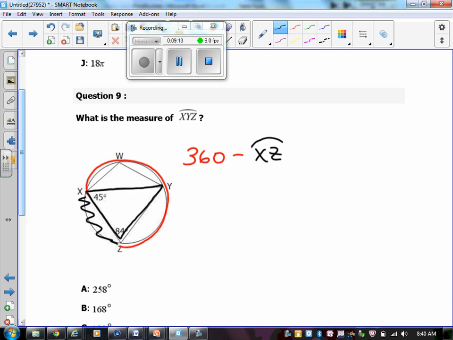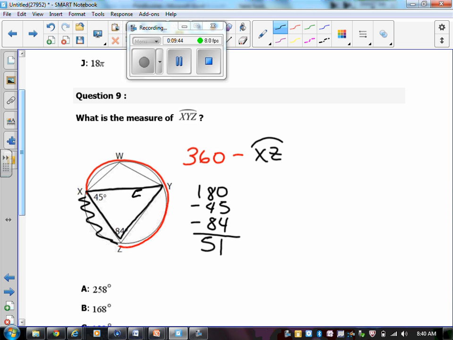A triangle always adds up to 180 degrees. So I'm trying to find the angle in a triangle, 180, so I have to do 180 minus 45 minus 84, which gives you 51.